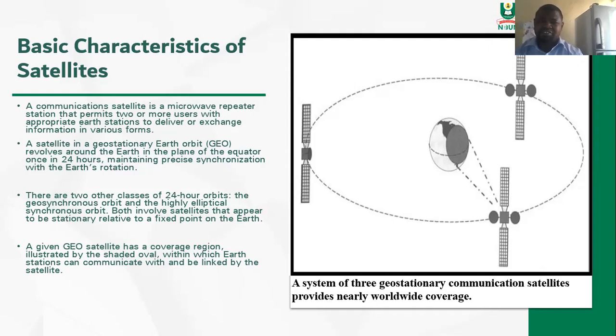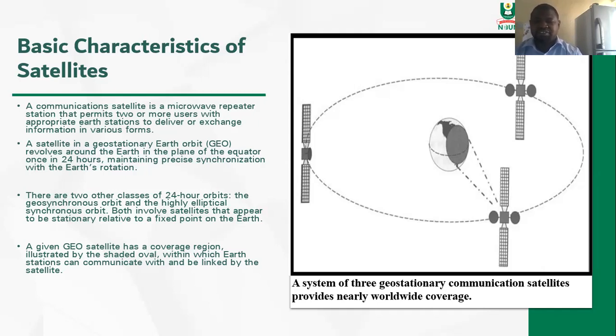Now, a satellite in a geostationary Earth orbit, GEO, take note of the acronym GEO. It means Geostationary Earth Orbit. It revolves around the Earth in the plane of the equator once in 24 hours, maintaining precise synchronization with the Earth's rotation.